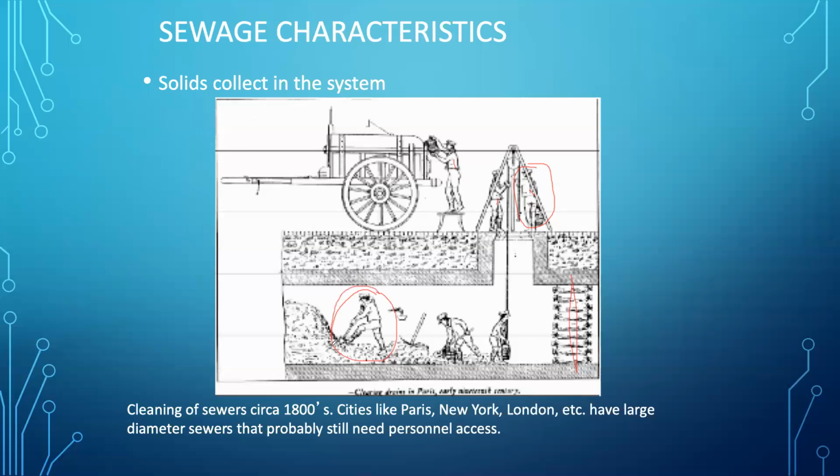Now this guy, of all the people in this picture, he's got the best job. You wouldn't think of it. He's underground, it's wet, it's dark. I mean, there's their lantern right there, and it's sewage, so fire and decaying sewage don't necessarily mix well. And he's scooping sewage solids into a bucket. And then he hands the bucket to this guy, and this gentleman hands the bucket to him.